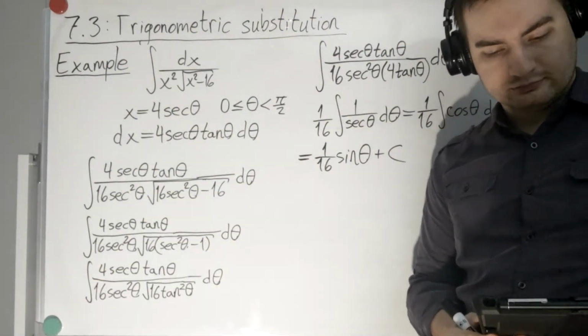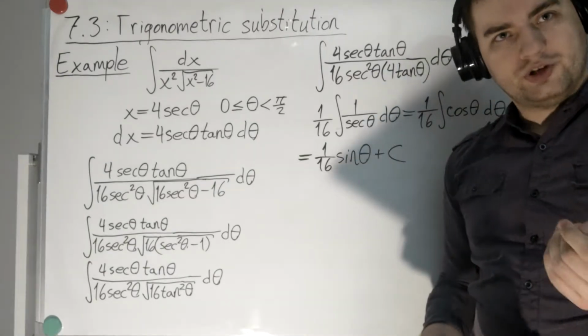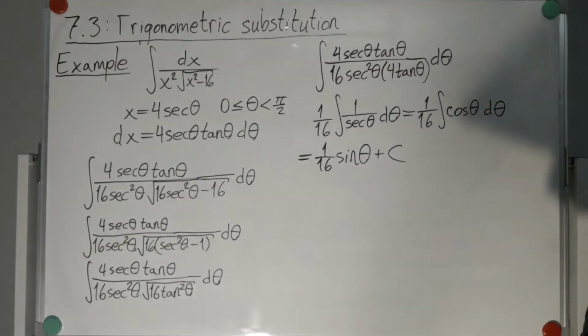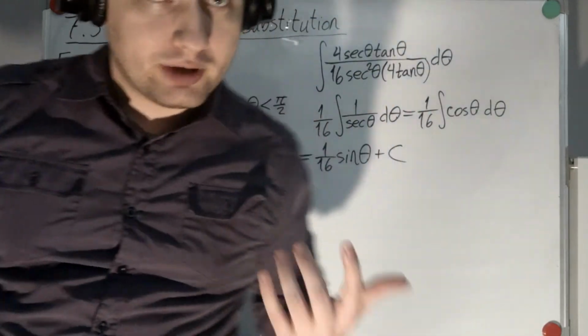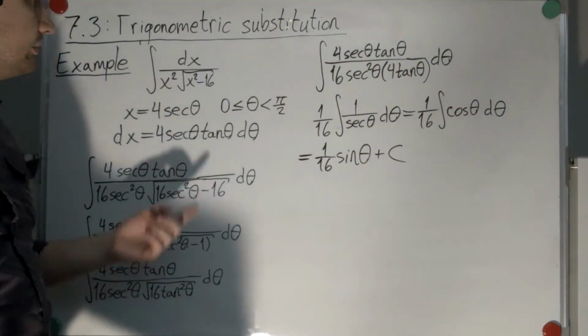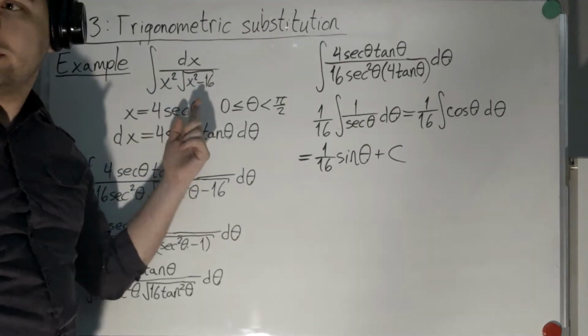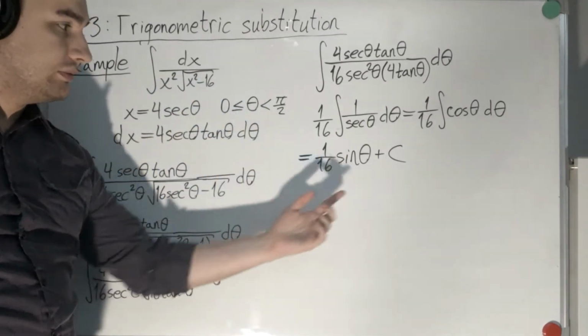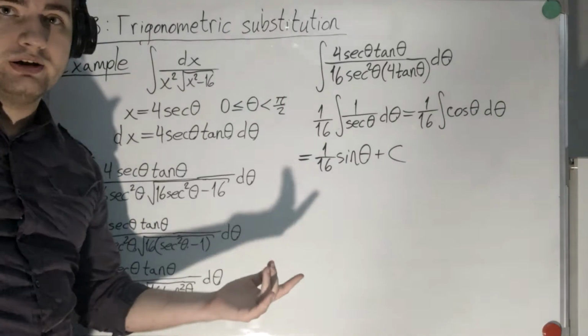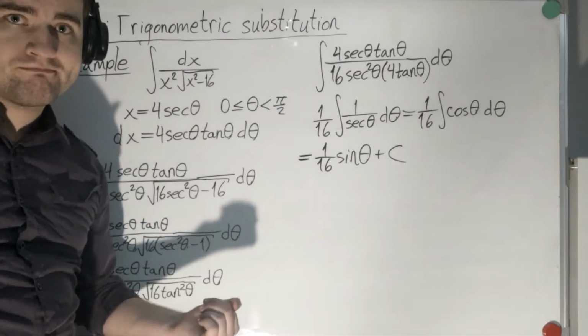Now then, just like in U substitution, there's something unsatisfying about this answer, right? Because we had an integral in terms of x, so of course we'd like to find the answer in terms of x as well. But this is in terms of theta. What the hell? Okay?